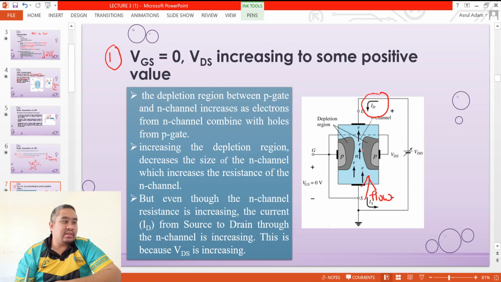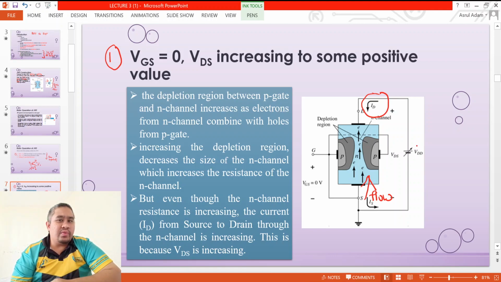This is because VDS is increasing. So the first thing you have to know is what happens in this condition: when VGS equals 0, the depletion region increases, the N channel decreases in size, the resistance of the N channel increases, and the current also increases, so that VDS will increase in value. This happens.